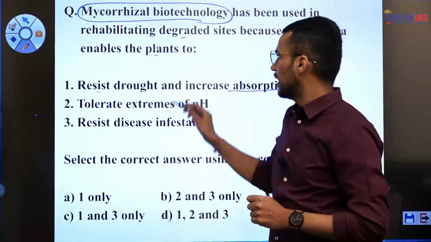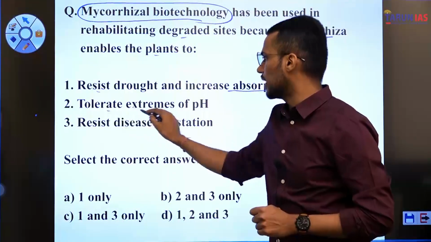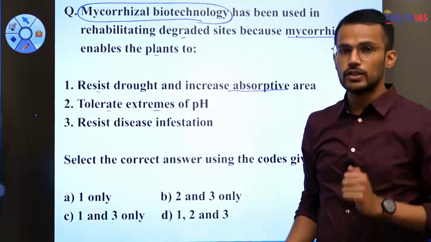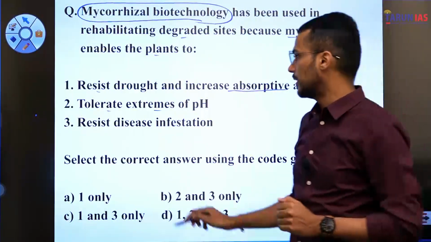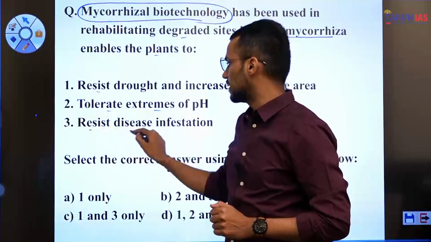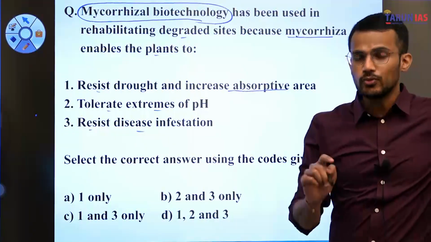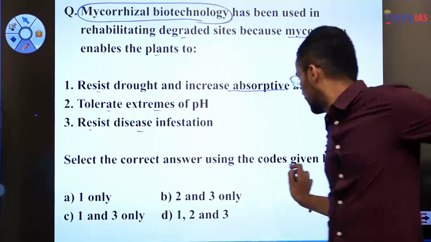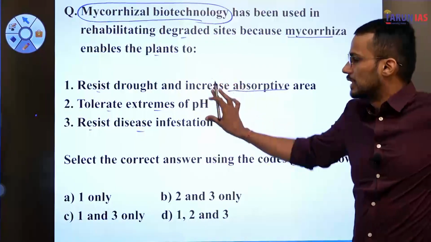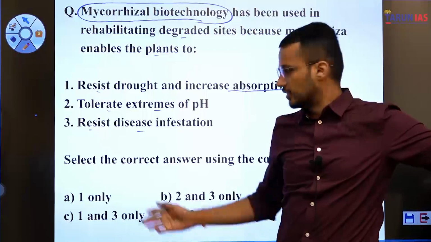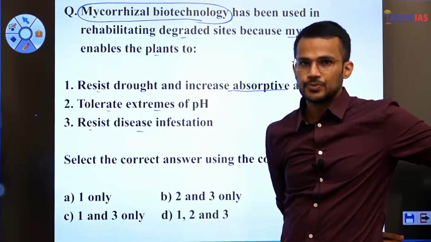Second statement, enables plants to tolerate extreme pH value. And third statement, enables plants to resist disease infestation. You have to select the correct statements from these three statements, and these are the options.